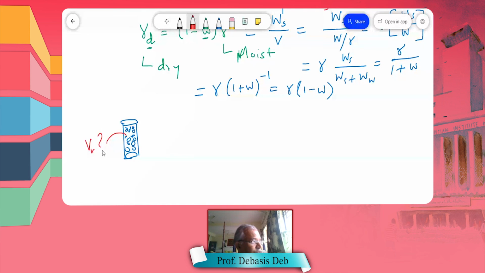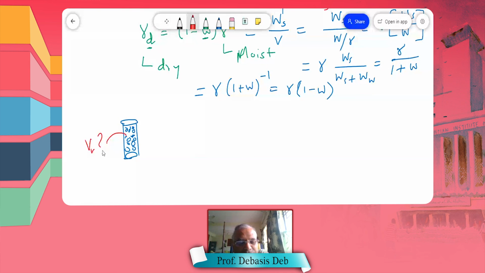Okay. So what he is saying, if everybody has listened to him, he's saying he will first weigh that sample because that weight will be required. And then he will submerge it in water for some period of time. And he expects that water will get into all the pore spaces. And then he will take that sample out from the water.